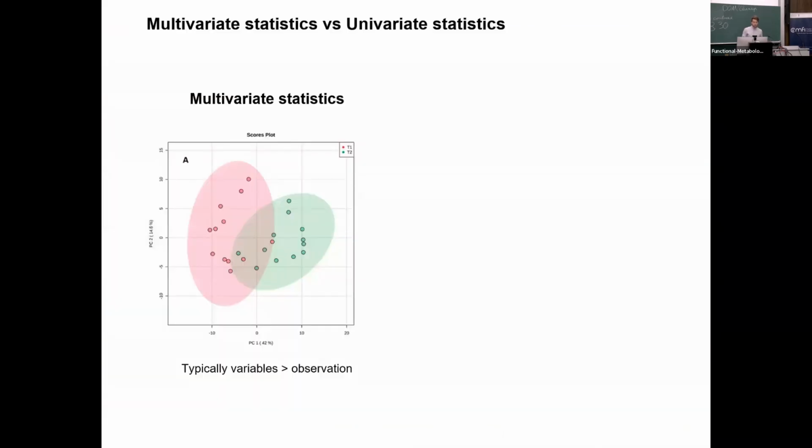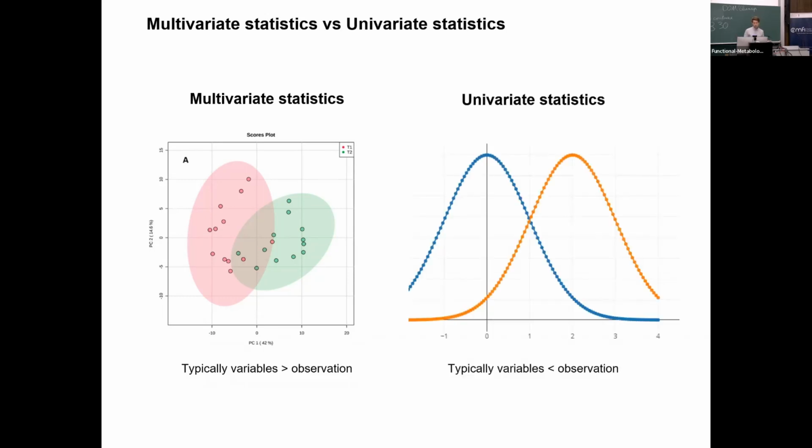Of course, multivariate statistics is quite often a very intuitive way to start analyzing metabolomics data, because you have a lot of variables. It's the most common way to address statistical issues when you have more variables than observations. But you can still analyze data like that using univariate statistics.